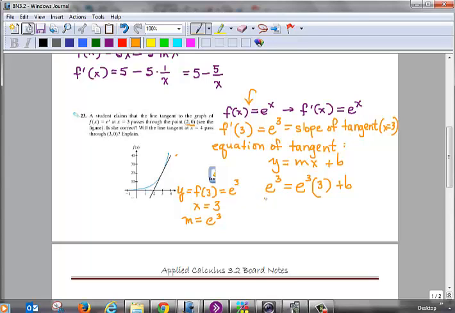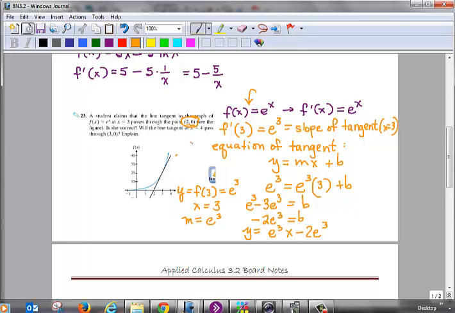So I have e to the power of 3 minus 3e to the power of 3 equals b, and this is just negative 2e to the power of 3. So my tangent line is of the form y equals e cubed x minus 2e to the power of 3.